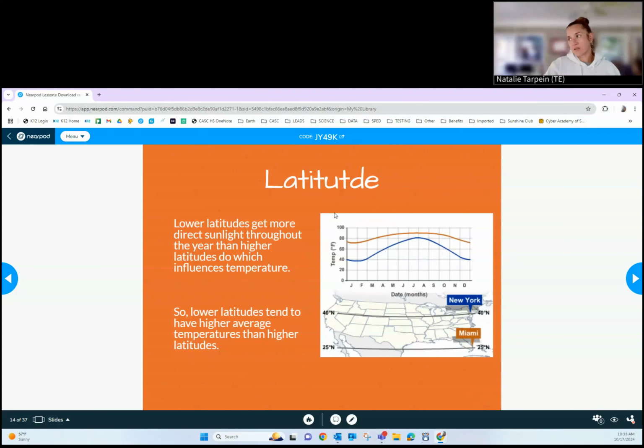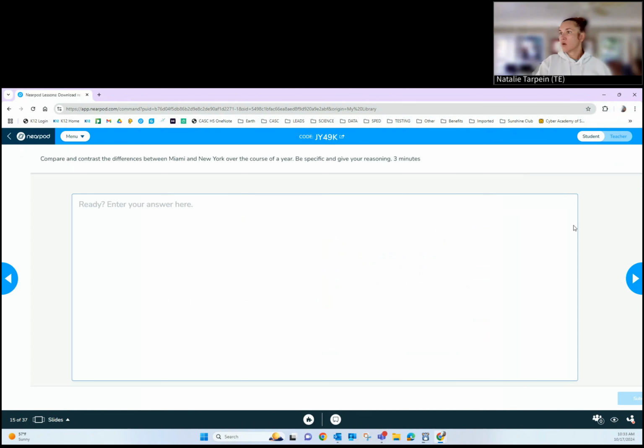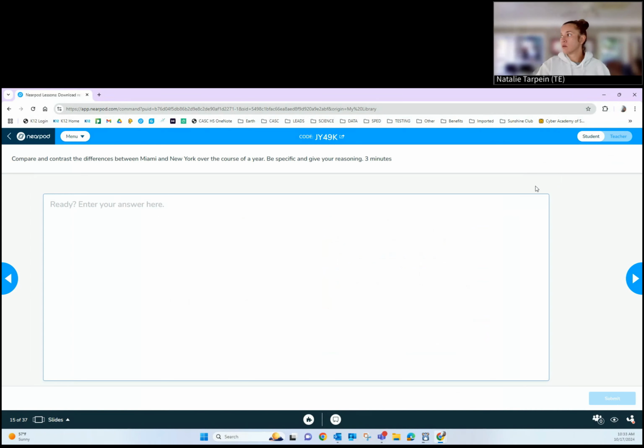And you can see that on the graph here. Again, we've got dates on the x-axis, temperature on the y-axis. And New York, being the blue line, is lower overall than Miami, being the orange line. So latitude, a big influence on climate. And then you go ahead and answer that one on your own.